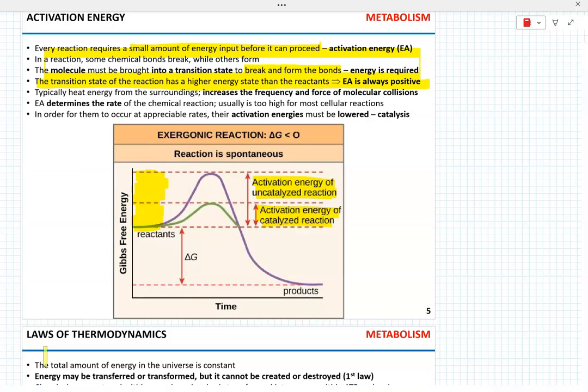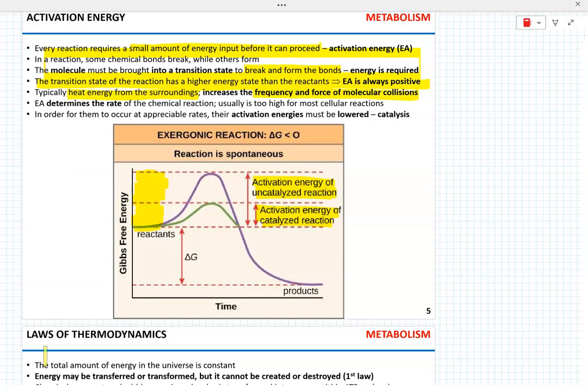Usually this activation energy is the energy of heat from the surrounding. Heat increases the frequency and the force of the collisions between the molecules, thereby facilitating breaking of some bonds and formation of others.